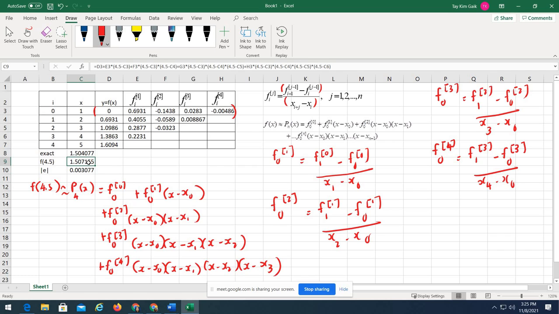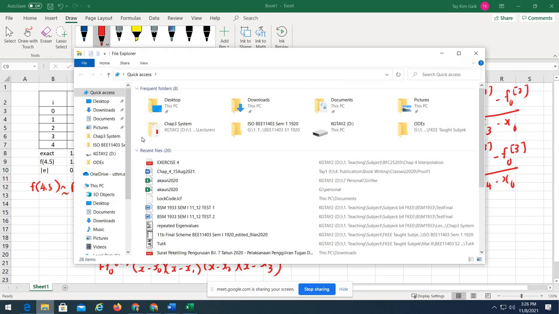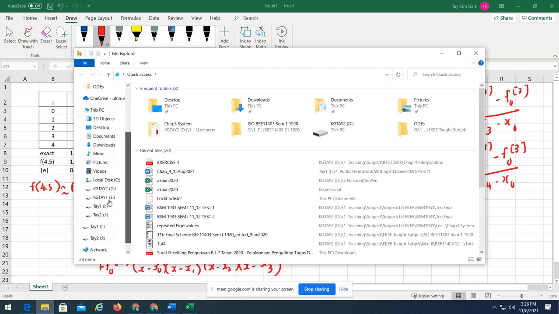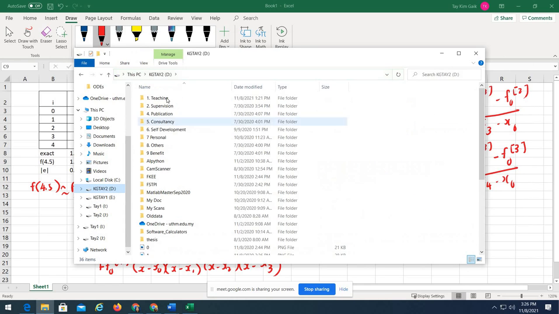Compare with just now, when we used the calculator, because we fixed to 4 decimal places. Let me open back the calculator. Just now where's the answer?